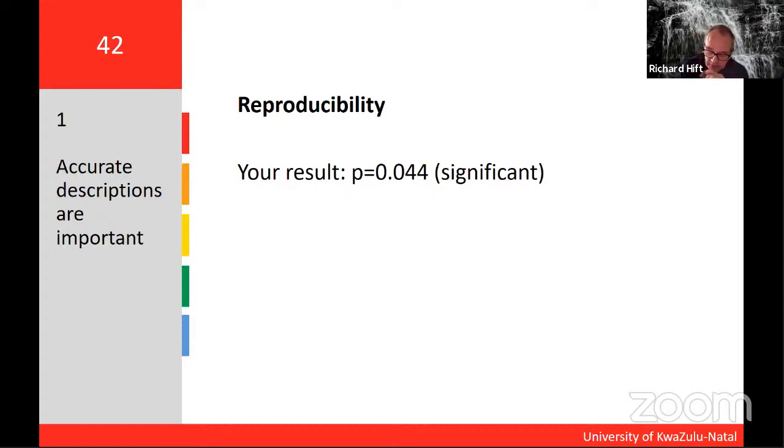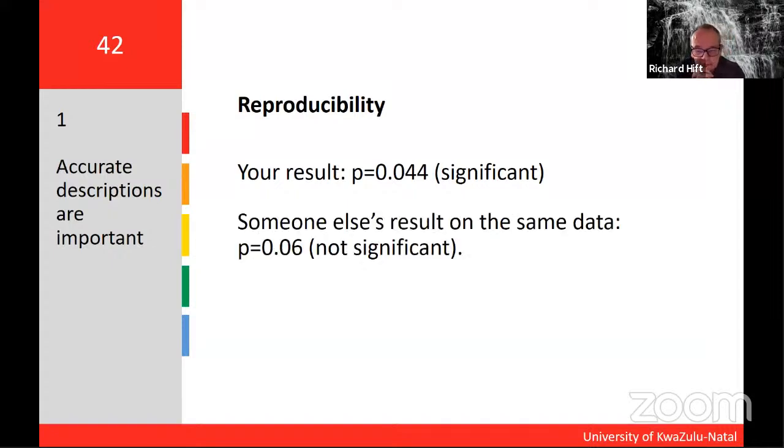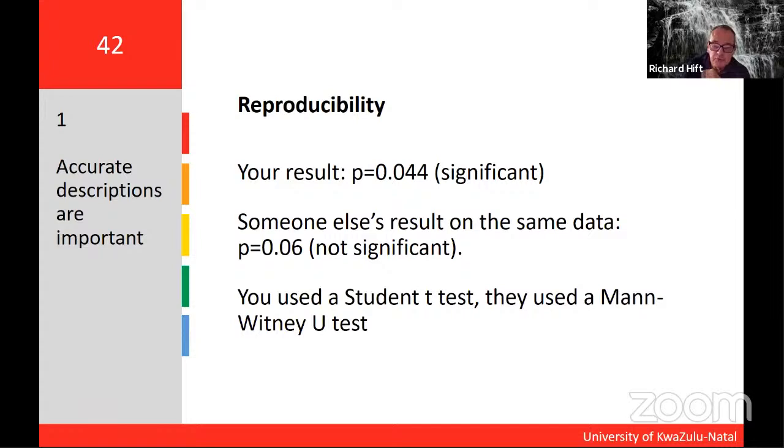You then share your data with somebody else who gets p equals 0.06. And now it says it's not significant. What's the problem? You used a Student t-test. They used a Mann-Whitney U-test. And seeing you didn't say in your methods how you had done the analysis, they are unable to reproduce your results.